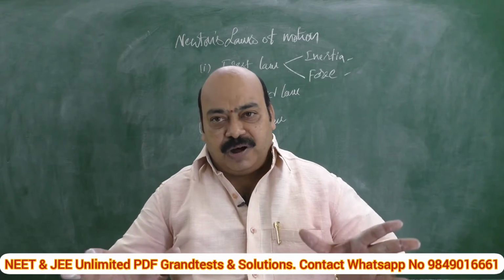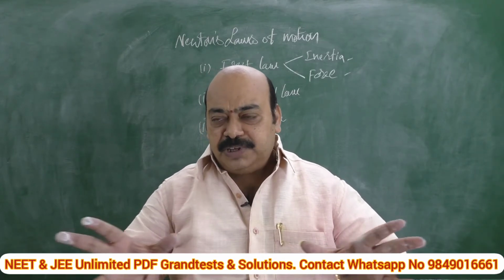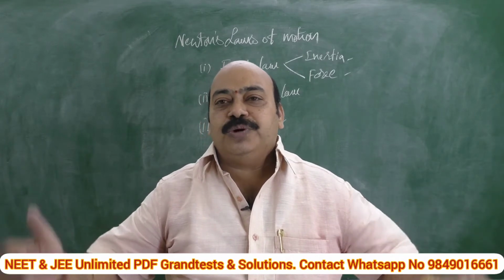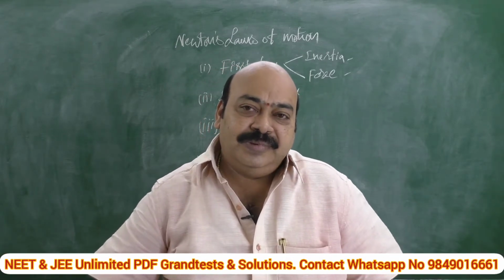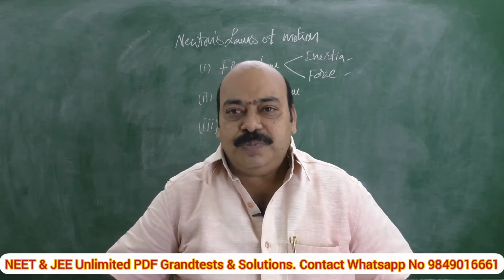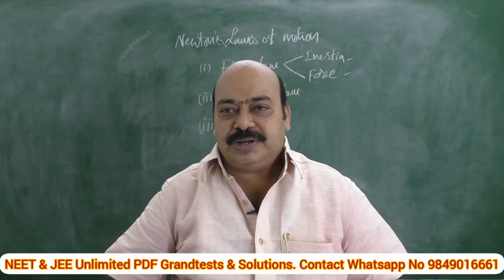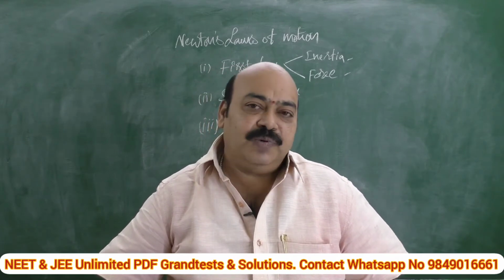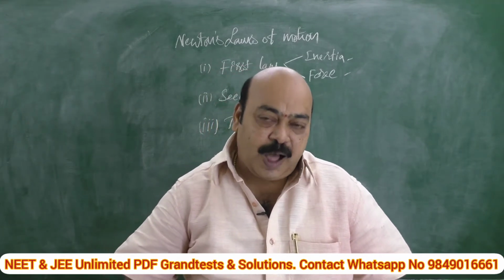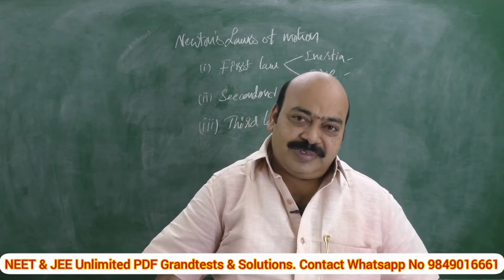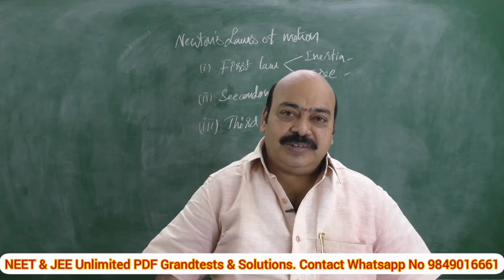In a tug of war, each team is pulling the rope with a force of 1000 newton. My question is, what is the net force in the rope? Option A, 0. Option B, 1000 newton.